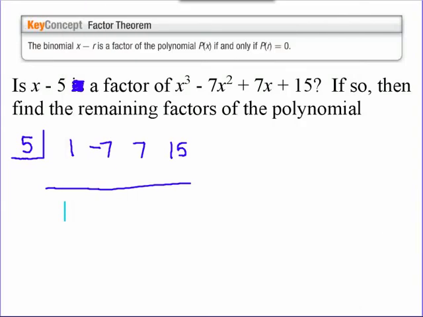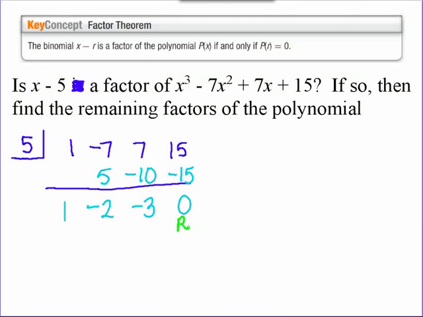So real quick, if you went through and did that, you should have gotten a remainder of 0. Now, it says, if so, then find the other remaining factors of the polynomial. So now I need to think about this. If I was doing synthetic division, the next step, what I would do is I would go ahead and attach some variables. Remember, this is my remainder.